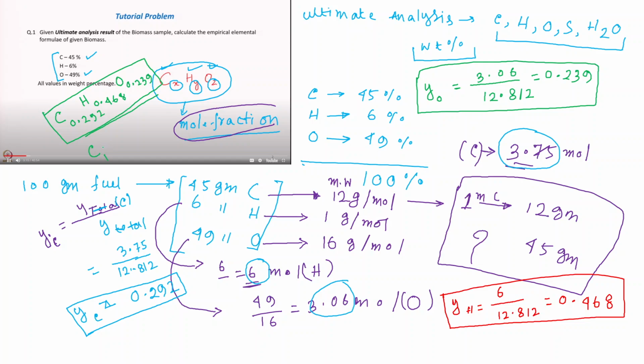Carbon will be 1, hydrogen will be 0.468 divided by 0.292, and oxygen will be 0.239 divided by 0.292.